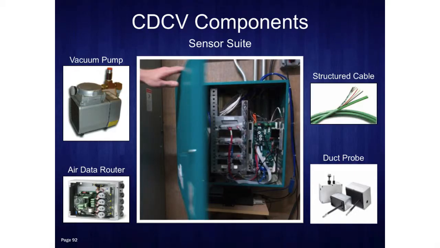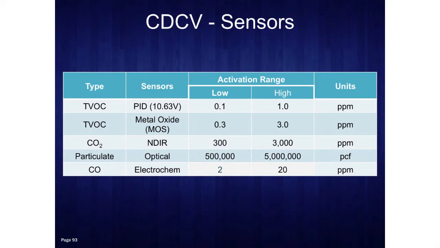These are just some examples of some of the CDCV components. Sometimes we'll bring samples of them to pass around, but we just wanted to show you some pictures of what goes into our buildings. And this is a list of what the sensors detect and sense for.